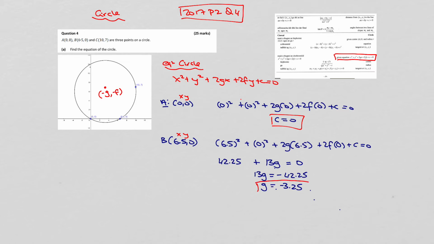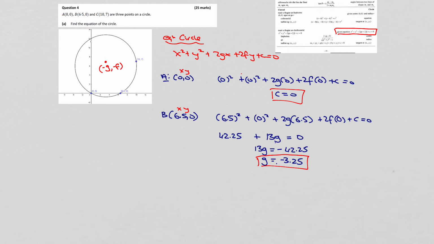So now we have c and we have g. Whereas normally in this type of question we would get 3 equations in terms of g, f and c, here, because of all of our zeros appearing in these coordinates, it's making it nice and easy for us. So our third point was C, 10, 7. So again, if I sub in for x and y, we have 10 squared plus 7 squared plus 2g times x plus 2f times y plus c is equal to 0.